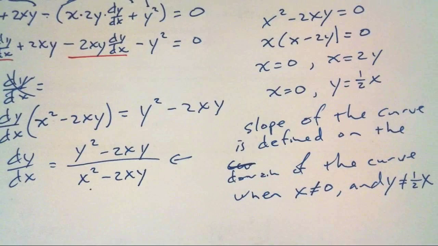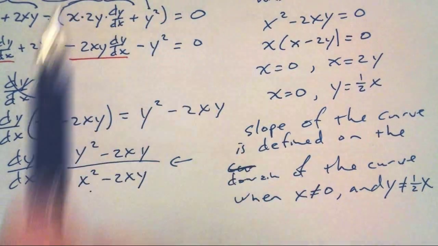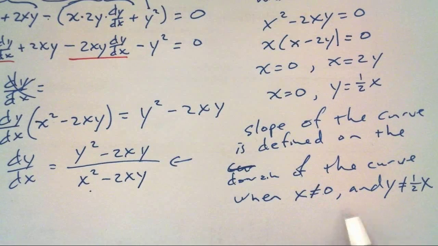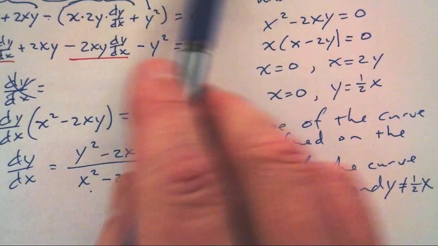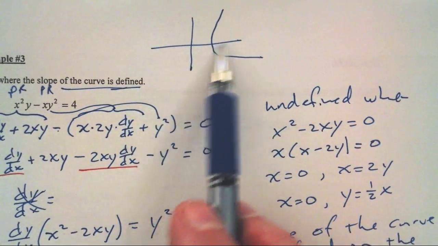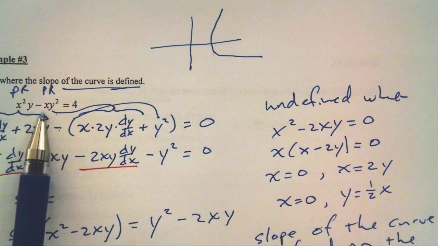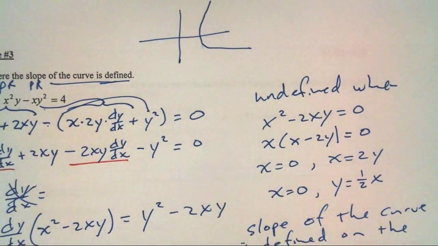Sorry, I had that cut off for a little bit. So we've got to be kind of careful. We don't want to just say the slope's not defined when x is 0 and when y equals 1/2 x. We have to be talking about that domain. Again, this is not the graph of this function, but perhaps this function doesn't exist everywhere. In fact, very likely it's not even a function.